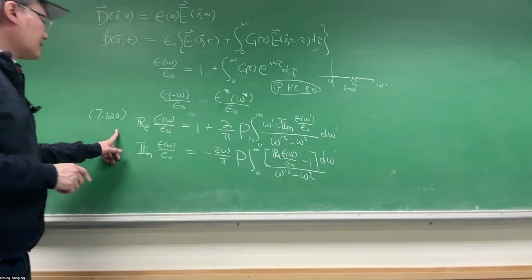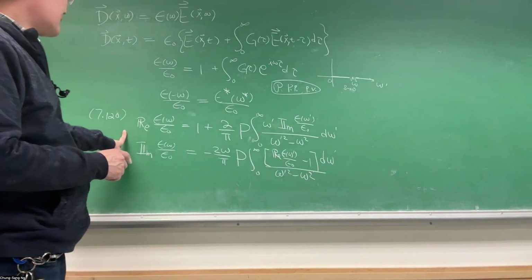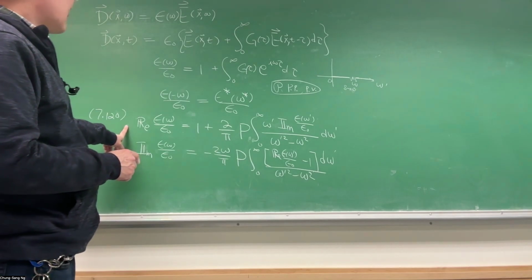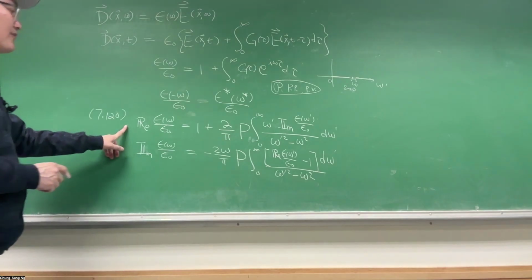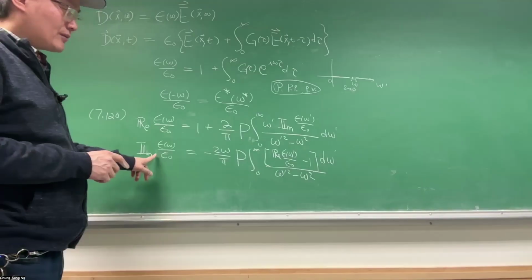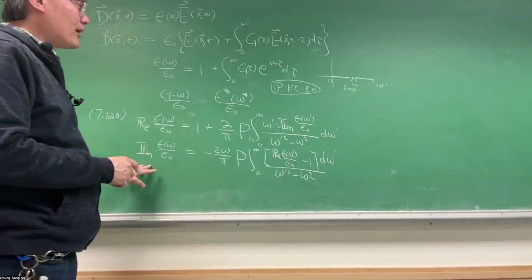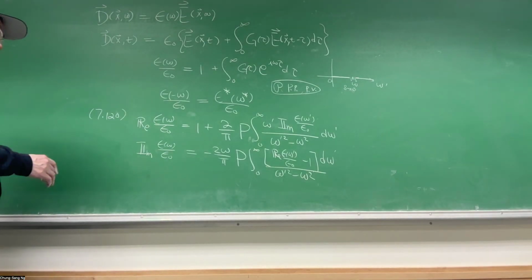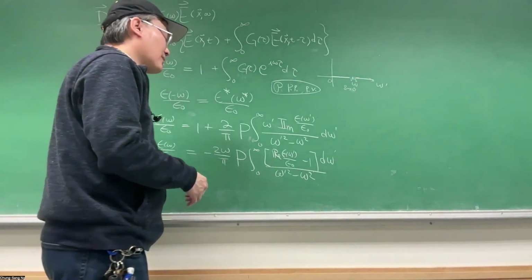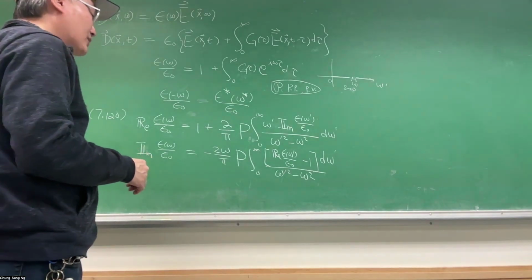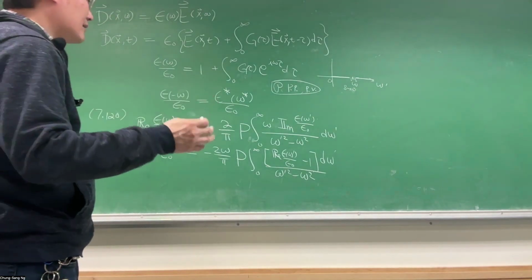The physical meaning is that you cannot have a medium without dissipation, which means without an imaginary part of epsilon. We mentioned that before: the imaginary part gives you dissipation. We substituted that into K, and an imaginary part in K means decay.